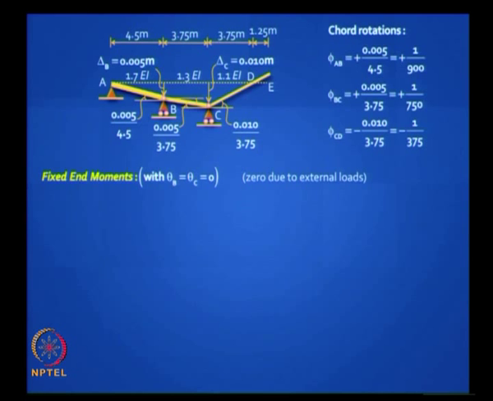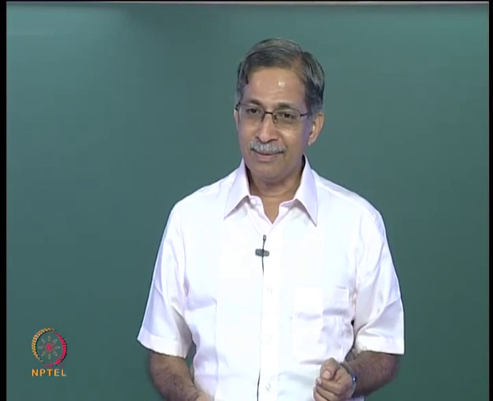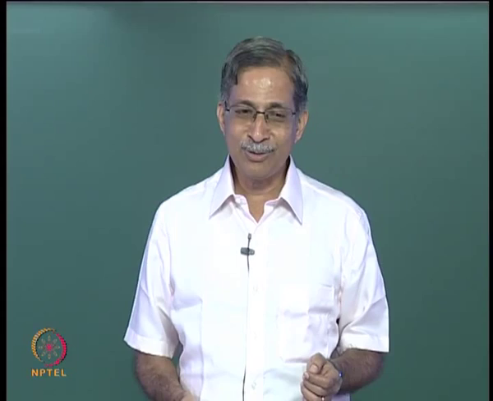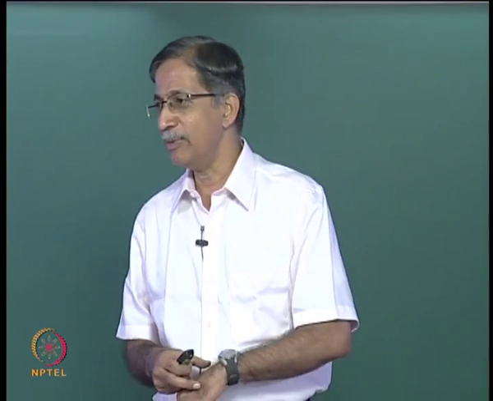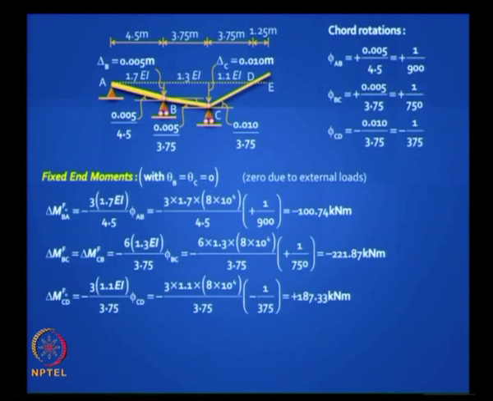Your first job is to find fixed end moments. Are there any fixed end moments in this beam subject to support settlements? Not due to external loads, but you need to calculate the additional fixed end moments you get due to these chord rotations, and I hope you remember the formulas. These are easy to work out.